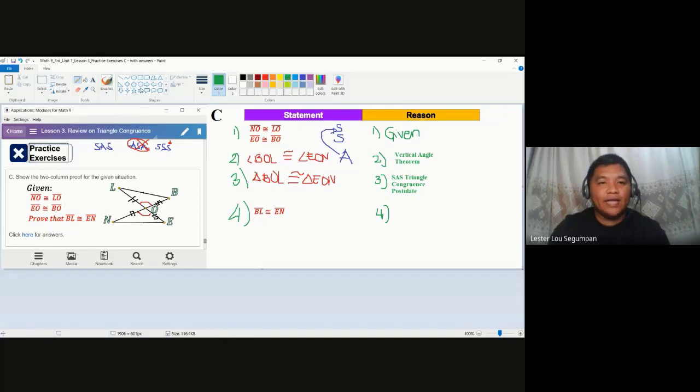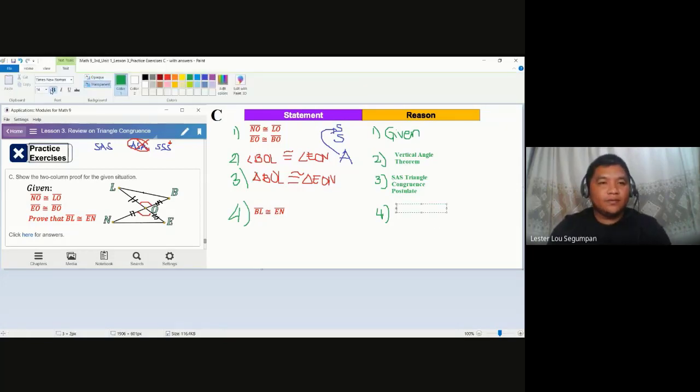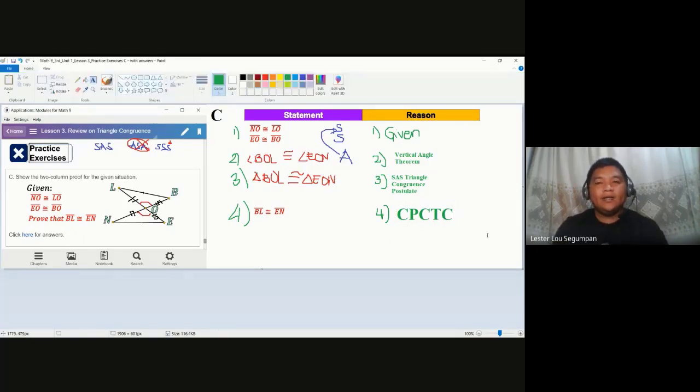The reason for that is simply CPCTC, which stands for corresponding parts of congruent triangles are congruent. This is the complete proof for this practice exercise.